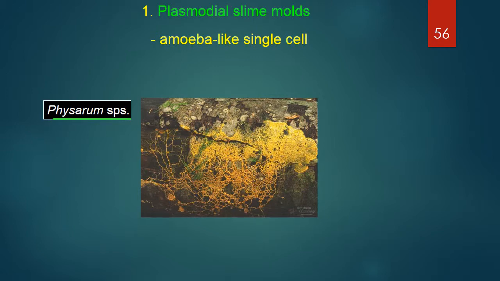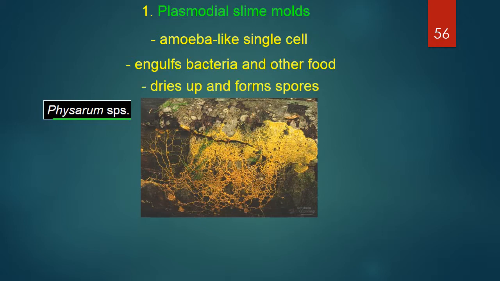So this is an amoeba-like single-cell organism, and it engulfs bacteria and other food, and then it can dry up and form spores for reproduction. And we're going to see this in lab as well, so let you know that. On the next slide, there's a link to a video just so you can kind of see what it looks like. It's a time-lapse video of it engulfing its food and moving out.